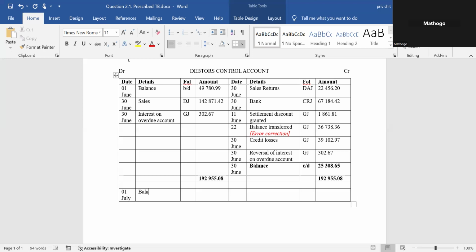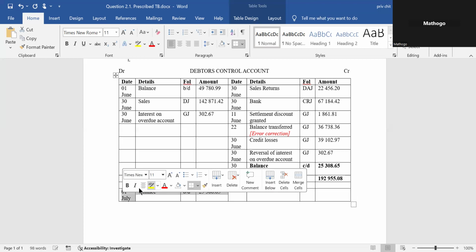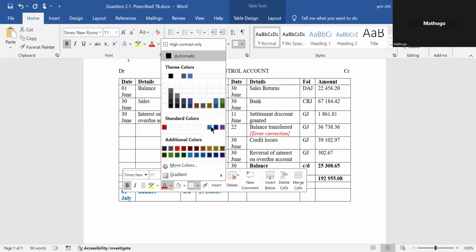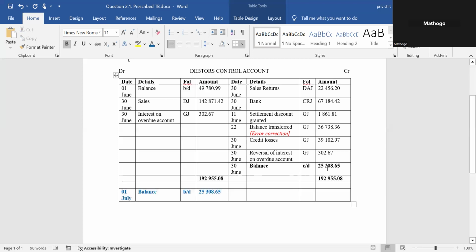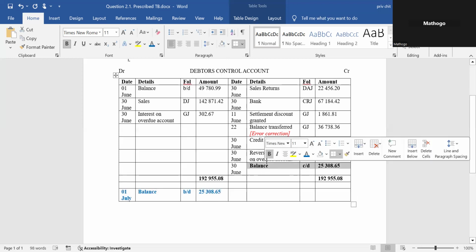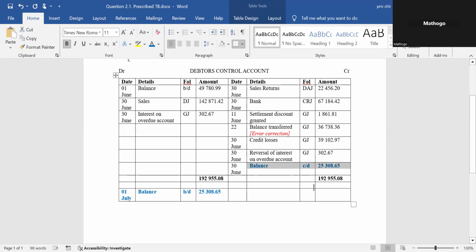So it will be your balance brought down, 25,308.65, like this. Are we together? I'm going to put these amounts in a different color. I'll just use blue so you can see the connection. Do you see that?